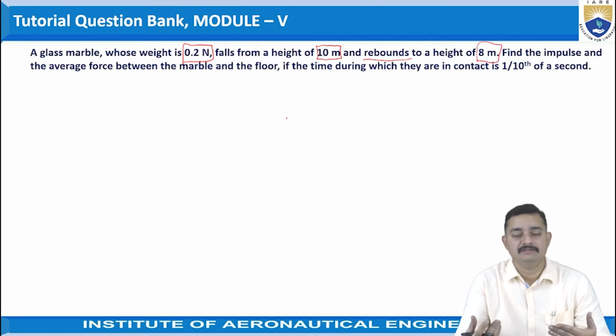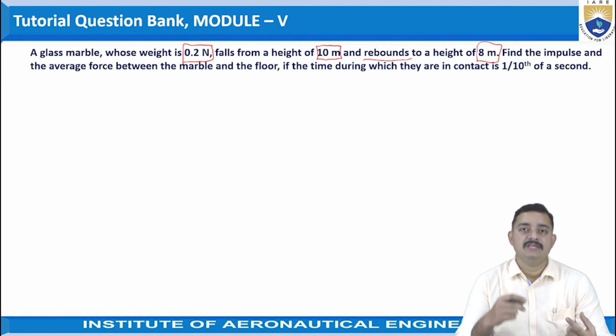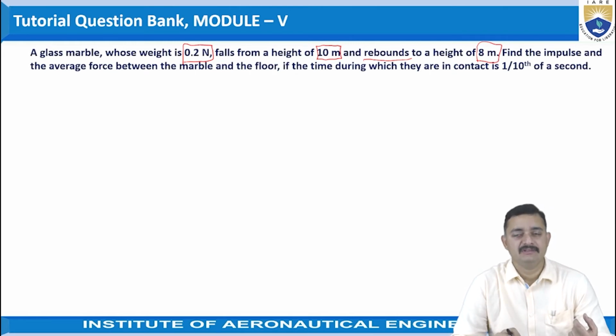We know this is the result of the action that is happening. In this system, the action is the travel of the glass ball to the ground from a height of 10 meters. When it touches the ground, there will be some impact.